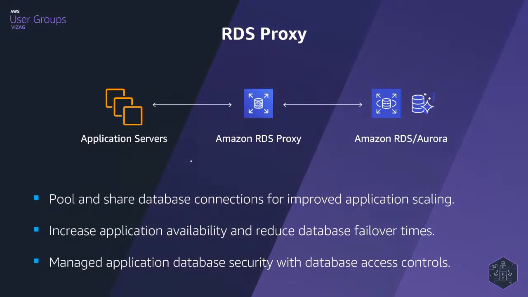Every time it does that, the server wastes resources opening and closing connections. And sometimes the connection is only open for a certain amount of time, so when the same application server comes back to read new data, it again has to open a new connection.